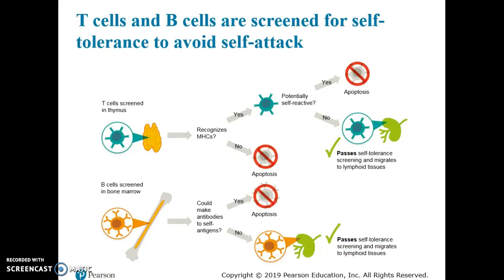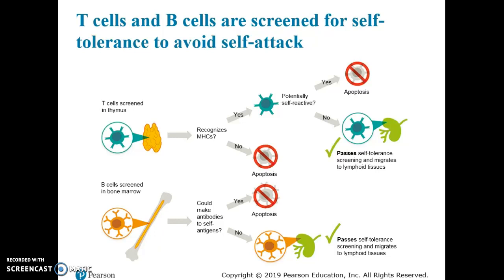Now, there's another topic within the immune response, and that is tolerance, or sometimes referred to as self-tolerance. So B cells and T cells, when they are being made and activated, either in the thymus for the T cells or the bone marrow for the B cells, they're screened for self-tolerance. Can they tolerate the self?